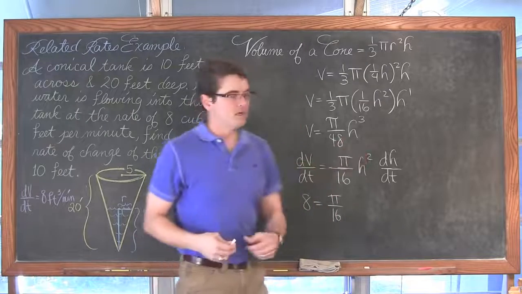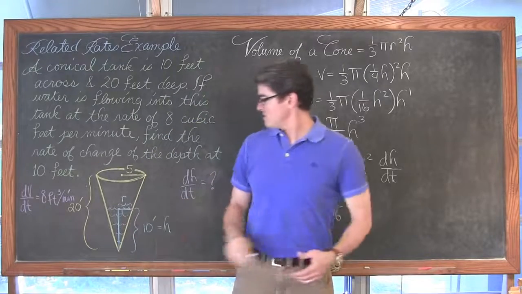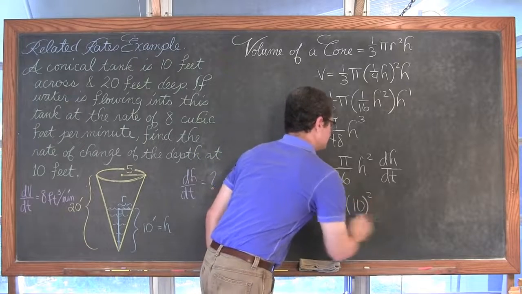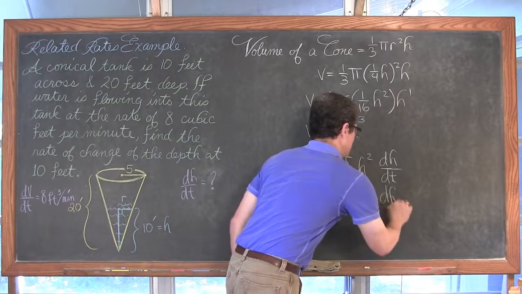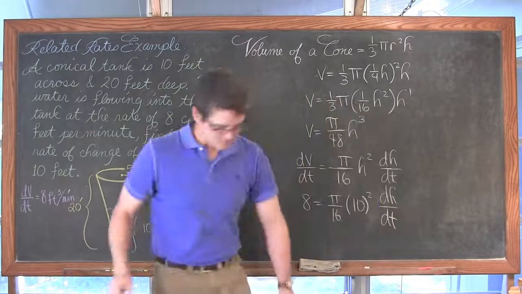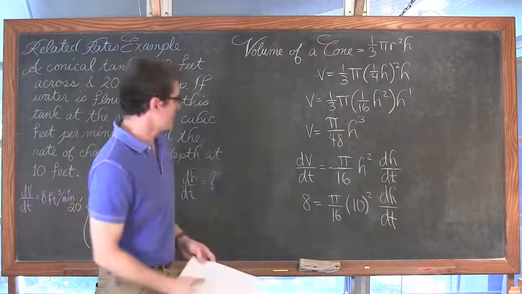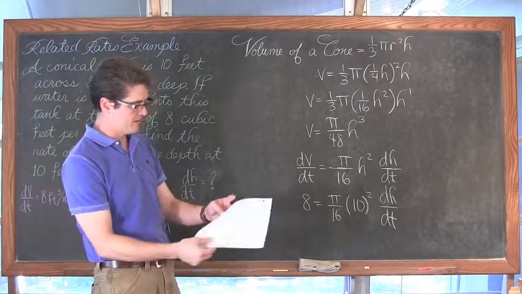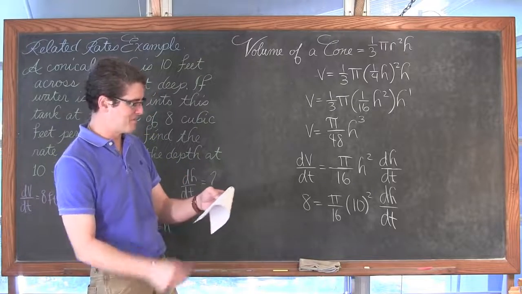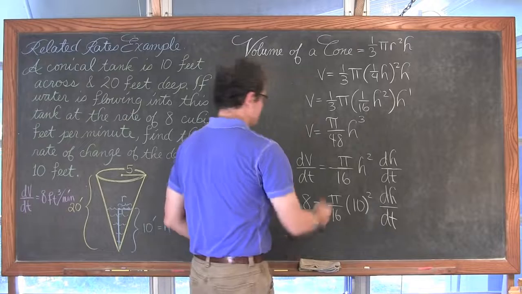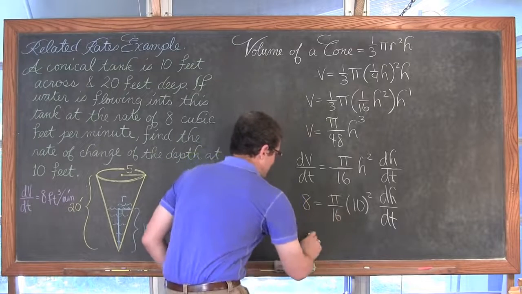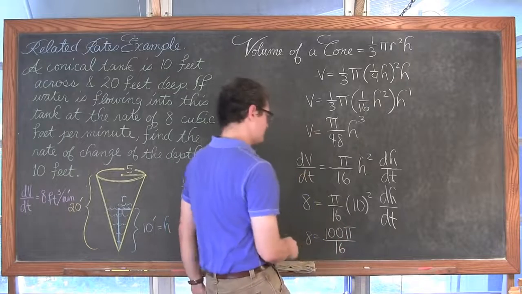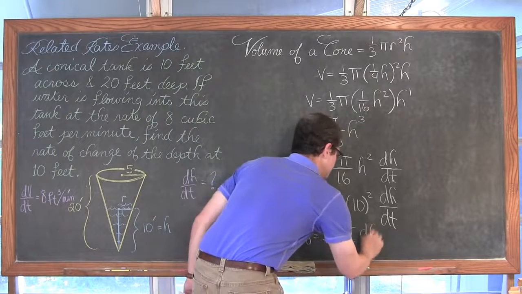We want to find the rate of change of the depth when the water is 10 feet deep, so we're looking for dh/dt. I'm starting to run out of room, and I need to make sure I don't make any small calculation errors in my head. So 10 squared is 100, and we get 8 is equal to 100 pi over 16 times dh/dt.